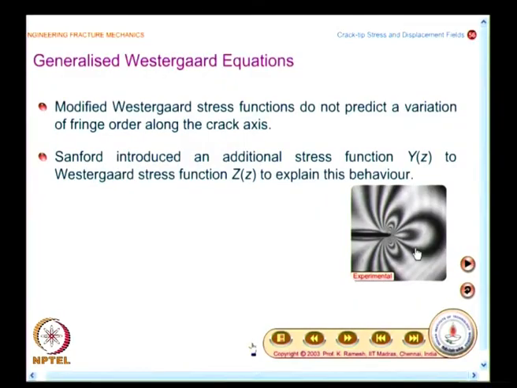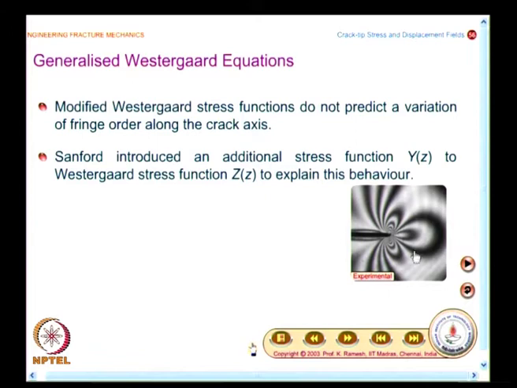We did not impose that the maximum shear stress should also be 0, but the solution we got had the maximum shear stress also 0. In actual experimentation, you find there is a variation of maximum shear stress. So, this needs to be explained. From this standpoint, Sanford introduced an additional stress function capital Y(z). Is it justifiable? This also we have to look at.